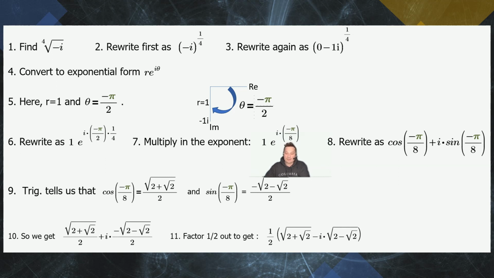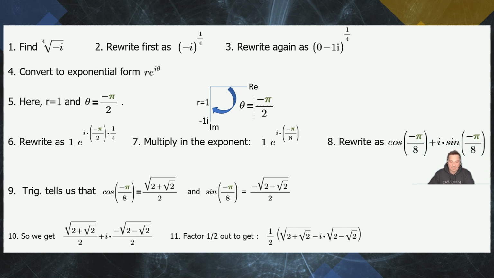What we want to see now is that I can rewrite this in terms of cosines and sines. When I do that, it becomes cosine of negative pi over 8 plus i times the sine of negative pi over 8. These values, cosine of negative pi over 8 and sine of negative pi over 8, we can get from the unit circle if it's divided into eighths of a pi, or you can get them from trigonometry.